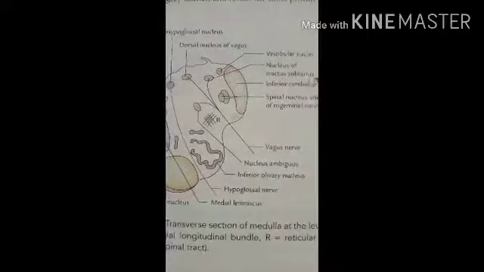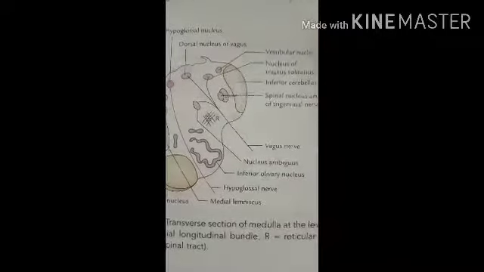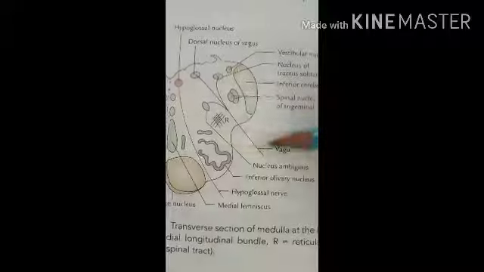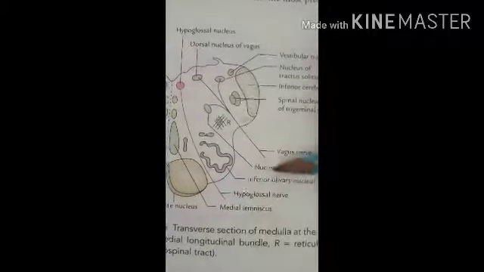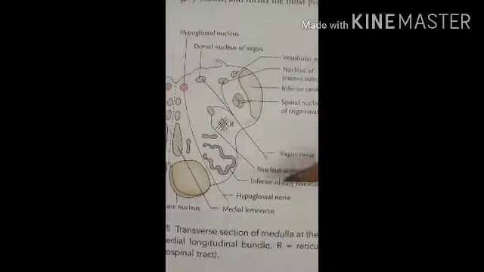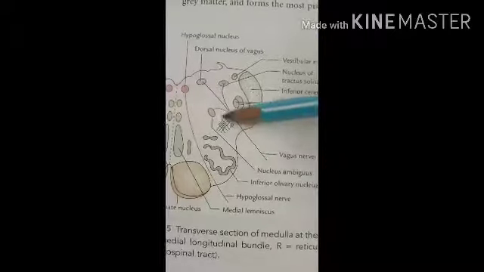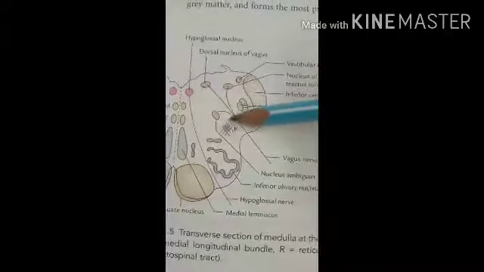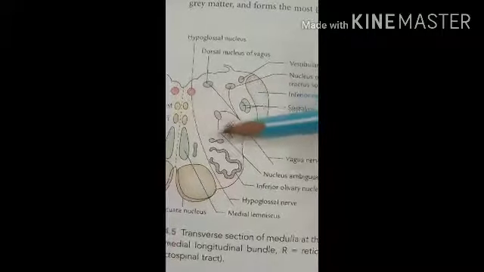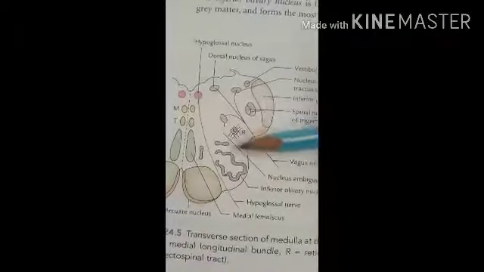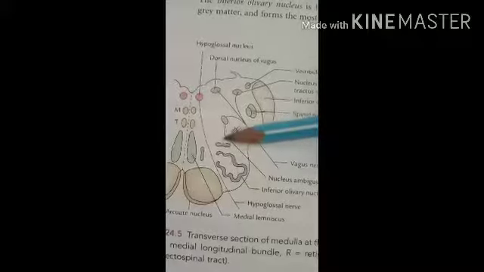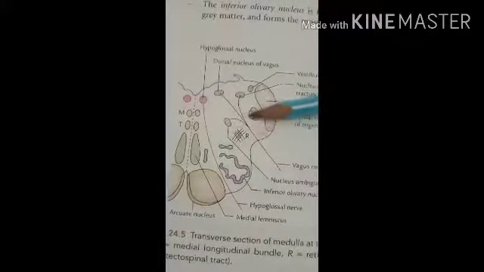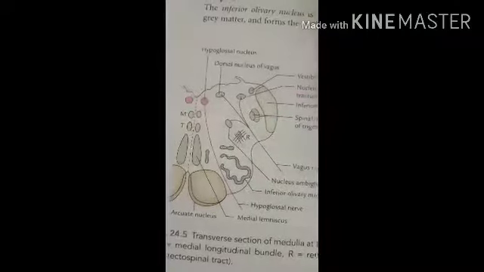Then apart from this, there is the nucleus ambiguus. The nucleus ambiguus lies deep to the reticular formation. Here you can see the reticular formation. This nucleus ambiguus is present deep to the reticular formation of the medulla, and it gives the origin of the 9th, 10th and 11th cranial nerves.